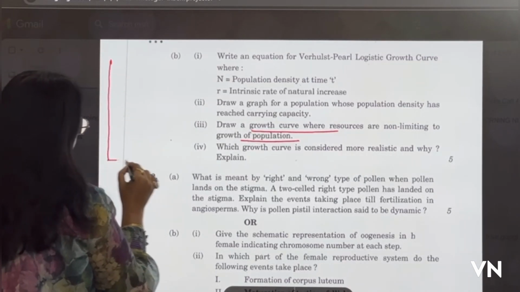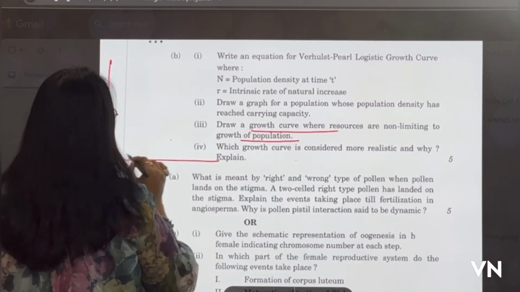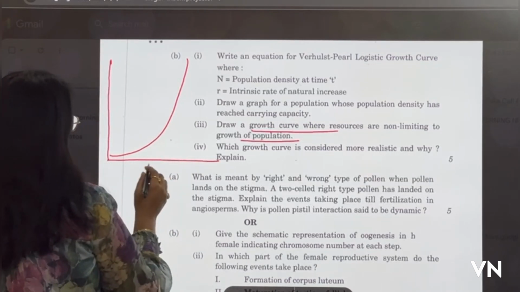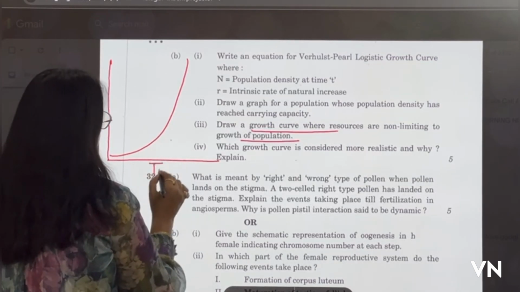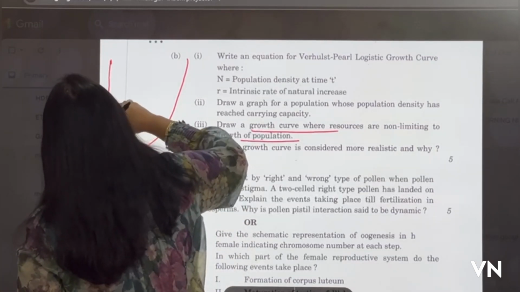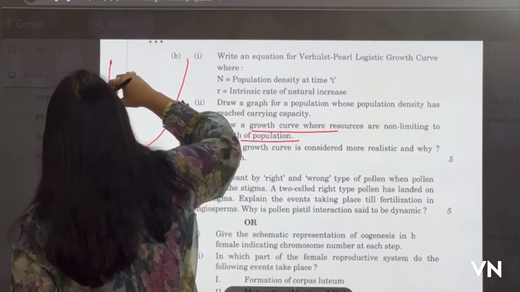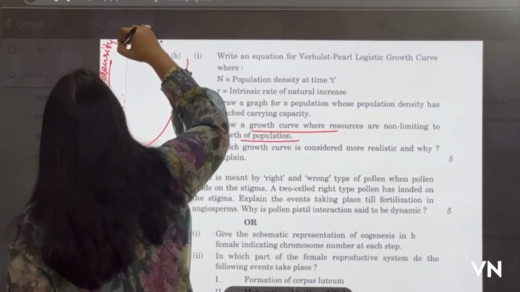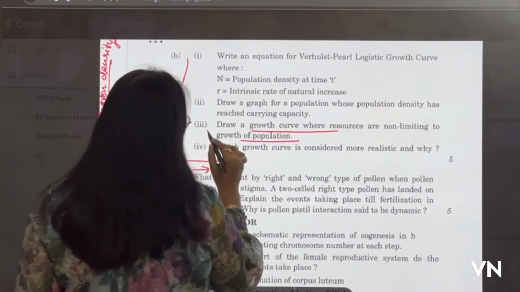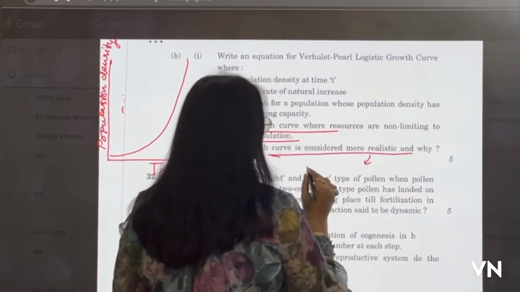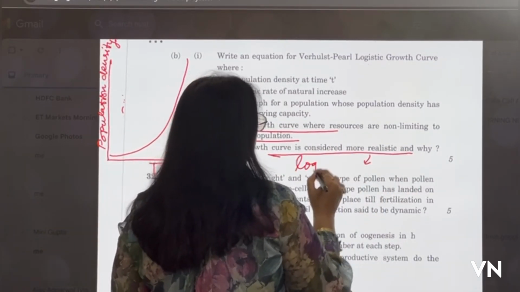For this, the graph will be J-shaped, and it is called the exponential growth curve. Time on this side and population density on this side. Third question is done. Which growth curve is considered more realistic? That is the S-shaped logistic growth curve.